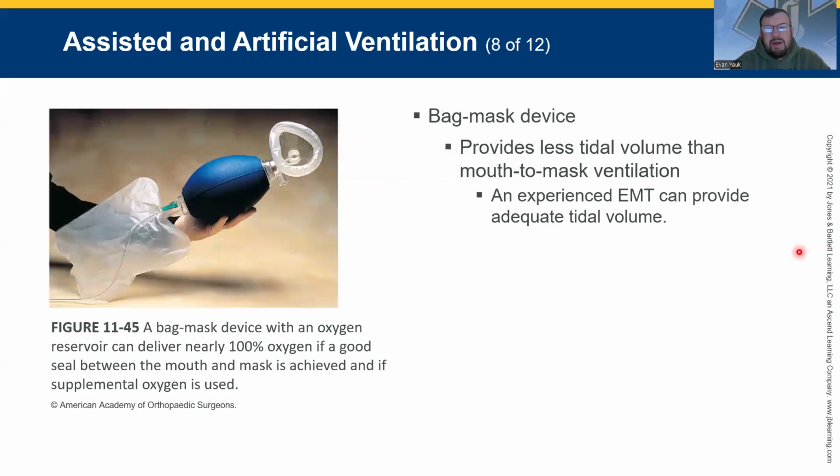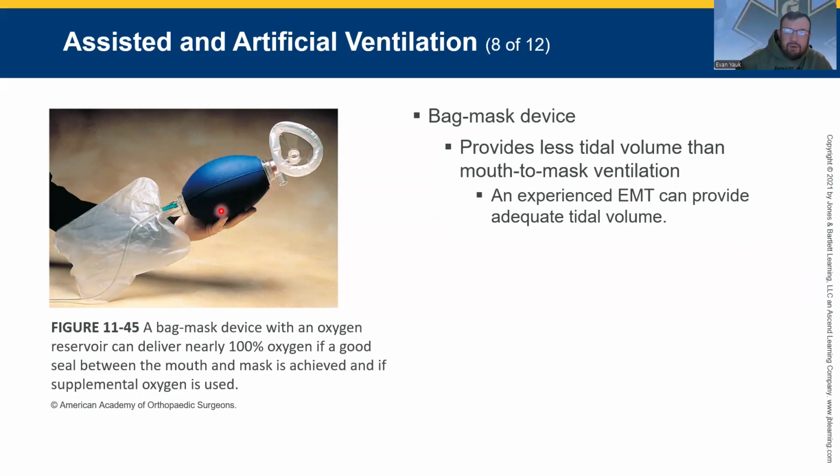A bag valve mask provides less tidal volume than mouth to mask ventilation. An experienced EMT can provide adequate tidal volume. You'll notice we've got our face piece, our mask. It needs to have a nice tight seal, which we'll discuss using the EC technique. We've got our balloon, our ball.